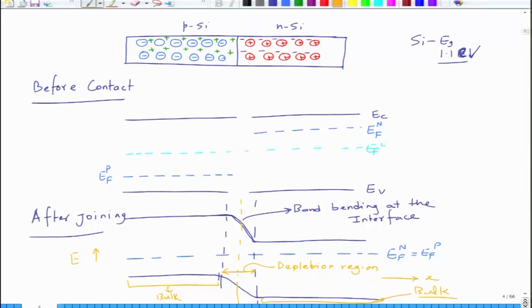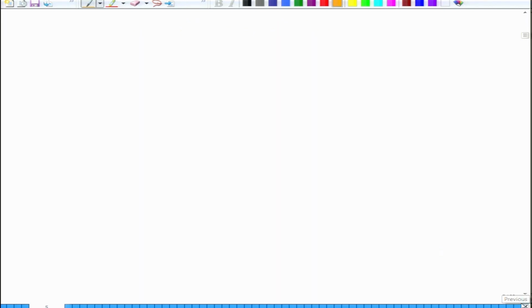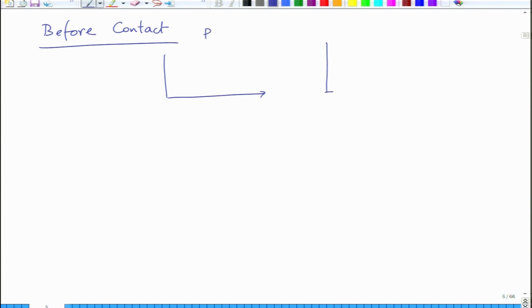So now if you look at this device, before you make a contact, first let us plot the charge density as a function of distance, on the P side and on the N side. So this is for the N side, this is for the P side.